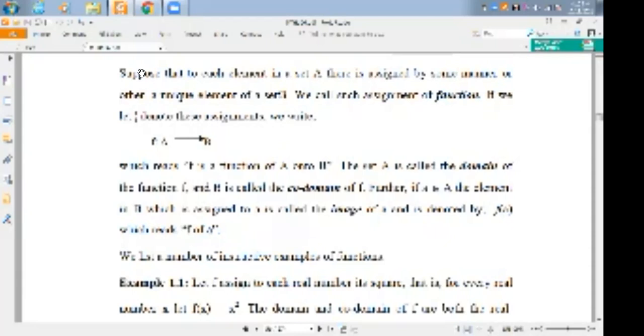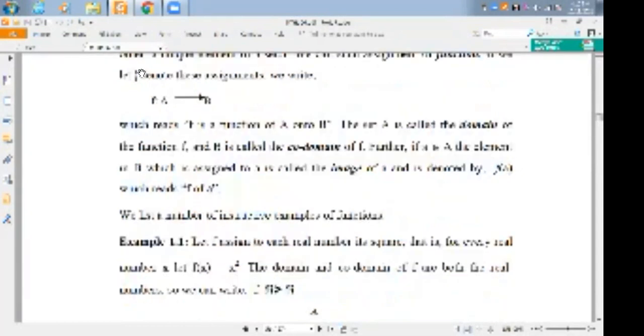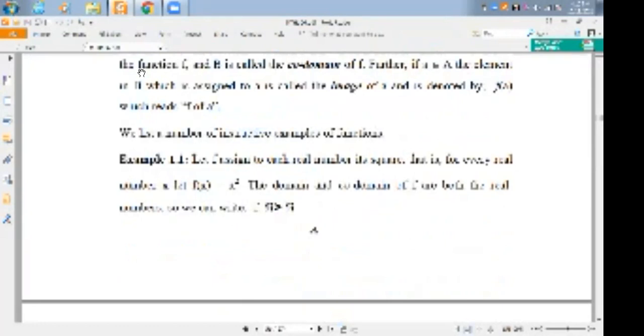So it's from set B that an element is assigned to set A. When an element is assigned from a particular set to another set, that set is called the codomain, while the one that received it is called the domain. Each of the elements that is being assigned is called an image, as you see in the note.